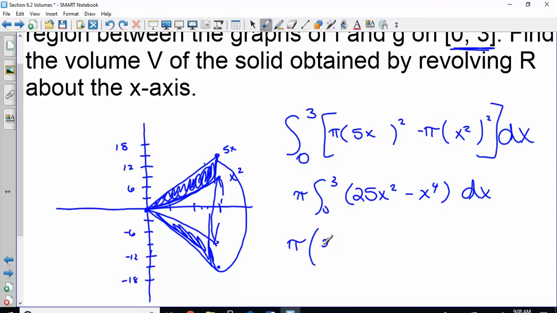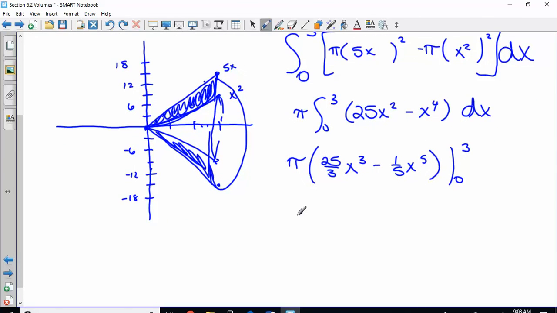So the antiderivative of 25x squared would be 25/3 x cubed minus 1/5 x to the 5th. If I plug in a 3, 3 cubed is 27, divided by 3 is 9, so 25 times 9, 225, minus 3 to the 5th, 243 over 5.